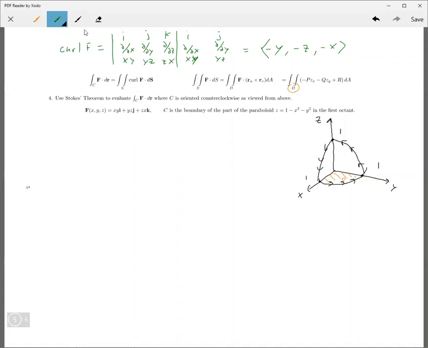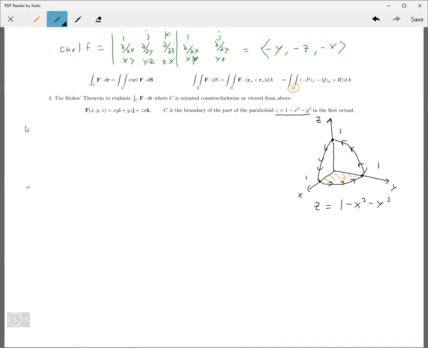Okay. Now, meanwhile, over here, we have this equation, so that's the equation that we're going to go with: z equals 1 minus x squared minus y squared. The first thing we do is plug this into here.